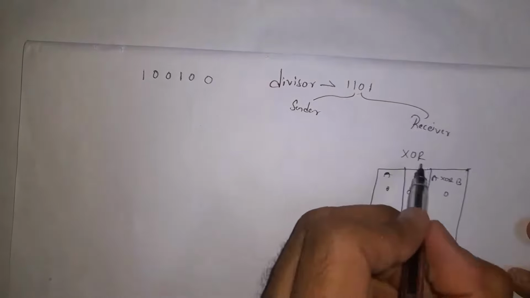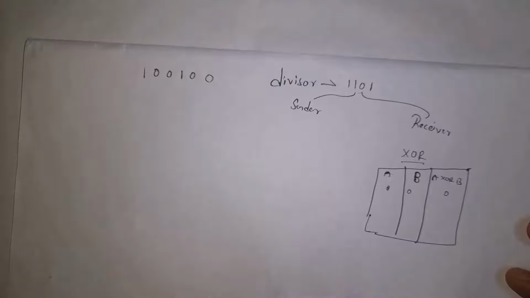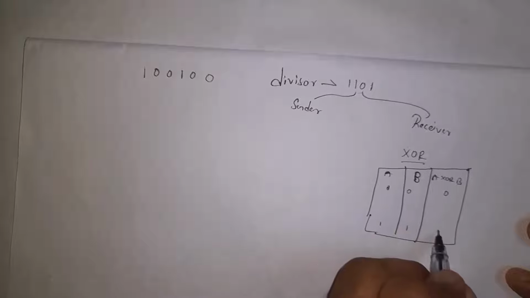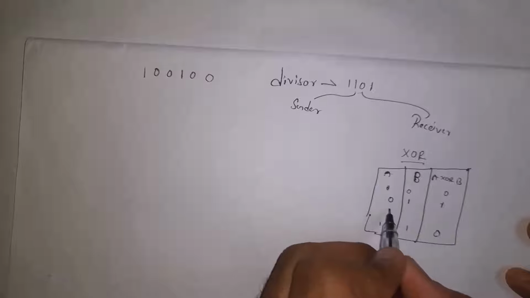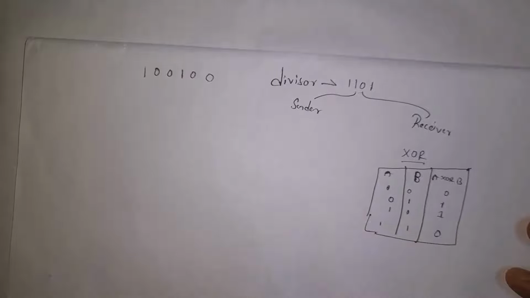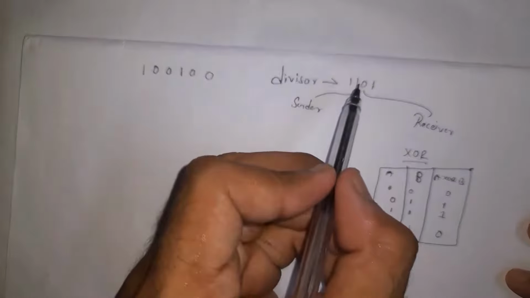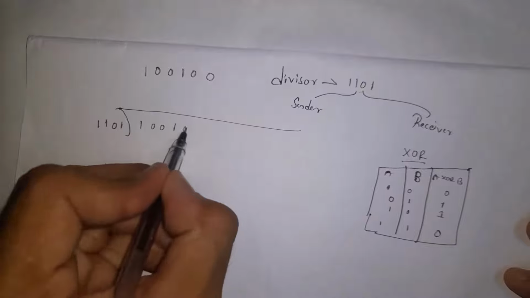Guys, we will calculate CRC based on the XOR table. For the XOR operation, if both values are the same, then the result is 0, otherwise the result is 1. So for 0, 0 the result is 0, and for 1, 1 the result is 0. And for 0, 1 the result is 1, and for 1, 0 the result is 1. Based on this table, now we need to calculate CRC, because the divisor is 1101 and our data is 100100.